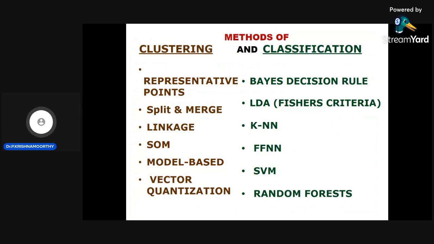Some clustering methods are split and representative points, split and merge, linkage, SOM, and model-based vector quantization. Classification decision rules include LDA, KNN, feed-forward networks, support vector machine, and random forest.